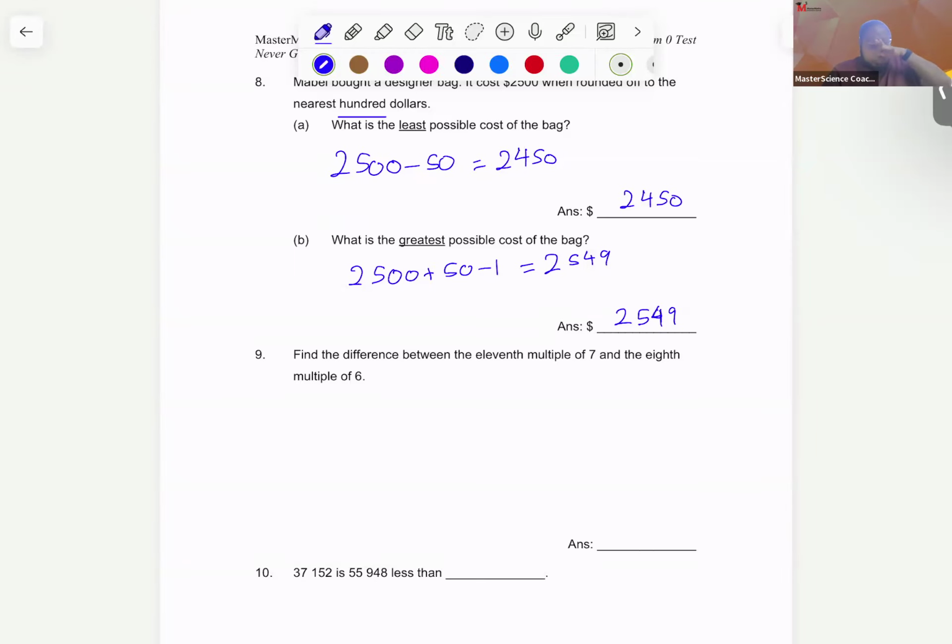And the 8 multiple of 6. Fatih, what is 8 multiple of 6? 48. Yes, 48. So 77 minus 48 equals to 29, correct. So the answer is 29.